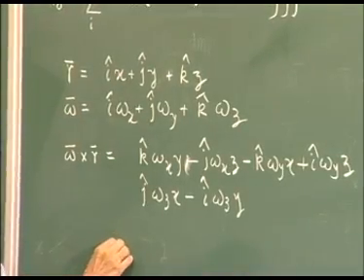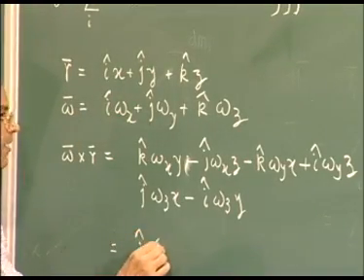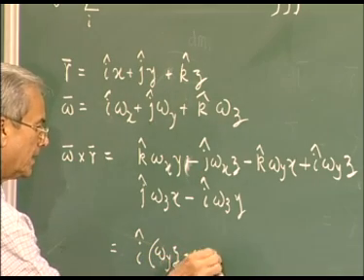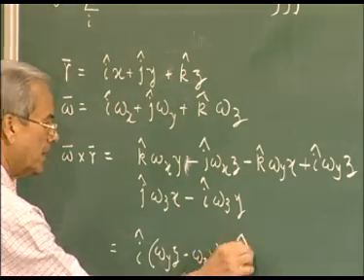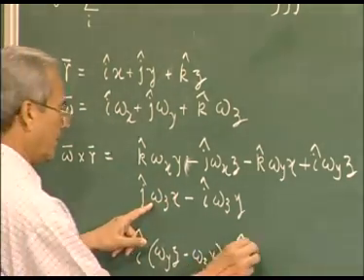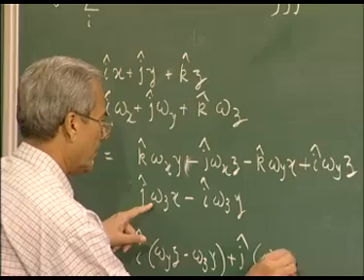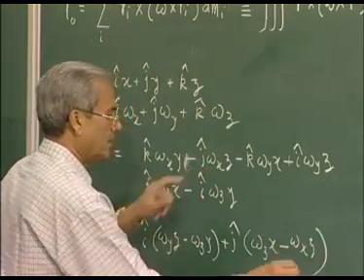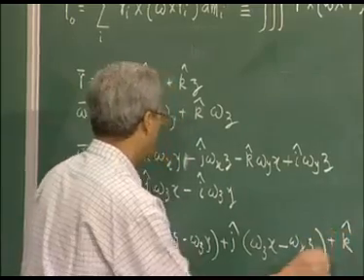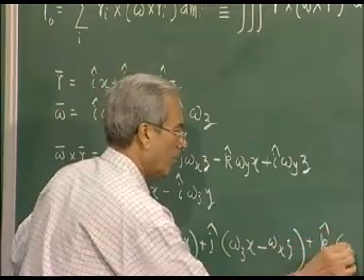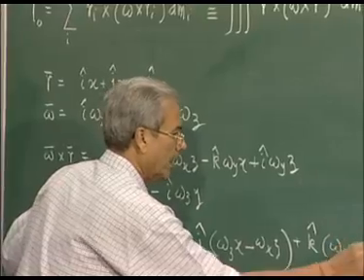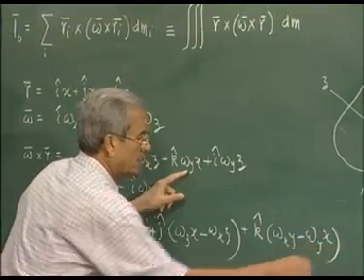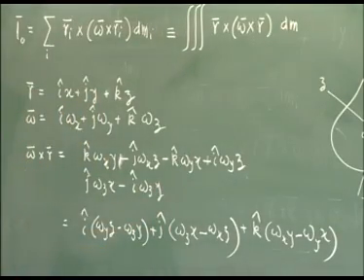So, this is equal to i (omega y into z minus omega z into y) plus j (omega z into x minus omega x into z) plus k (omega x into y minus omega y into x). This is omega cross r.